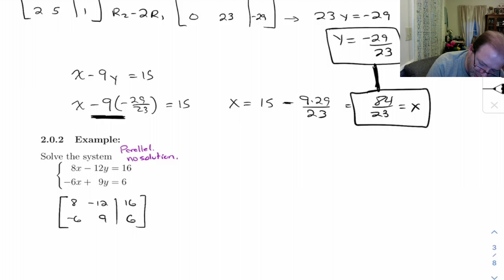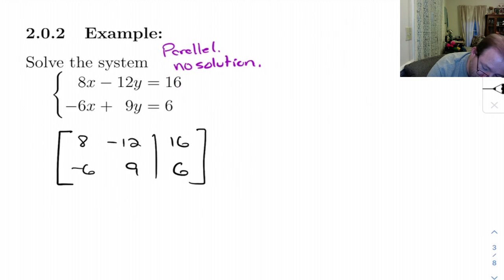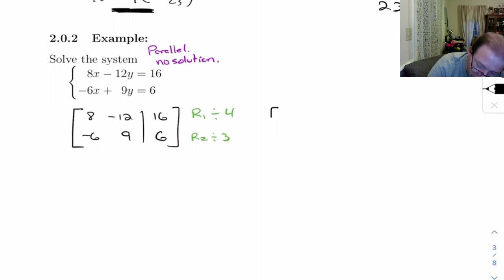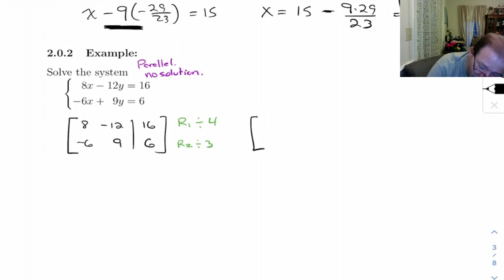But here's what I want to do first. Since the top row is all multiples of 4 and the bottom row is all multiples of 3, let's divide by 3 and 4. So I'm going to do row 1 divided by 4 and row 2 divided by 3. That's going to give me 2, -3, 4.